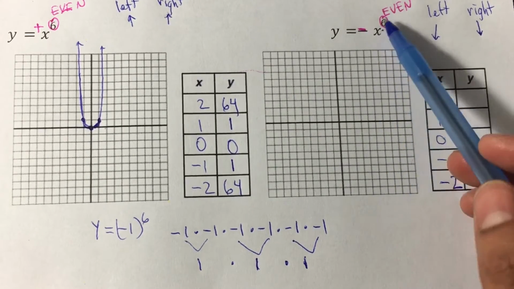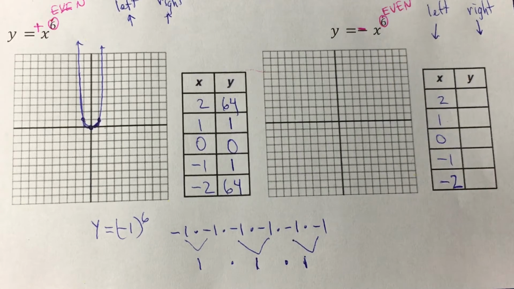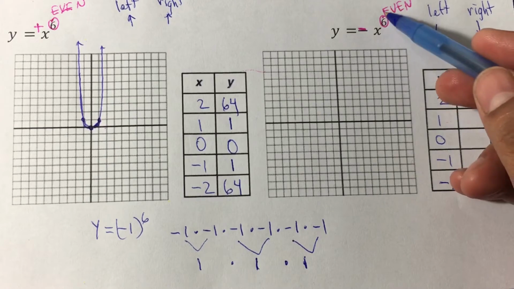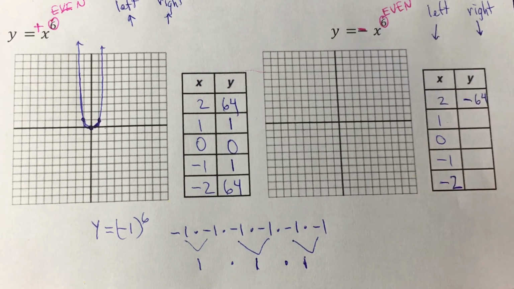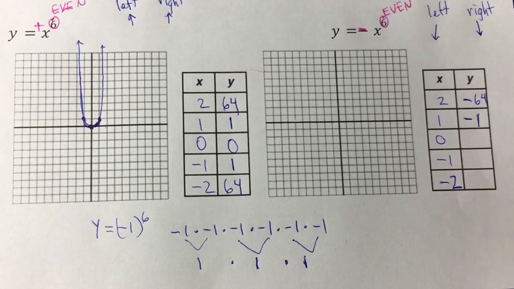So 2 to the 6th power is 64, but we have that negative in there, so it's just going to be -64. 1 to the 6th power, remember the exponent is first, is 1, but the negative of the equation is -1. 0 is just neutral.